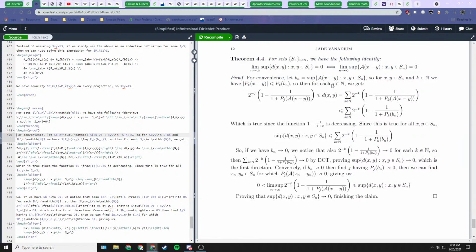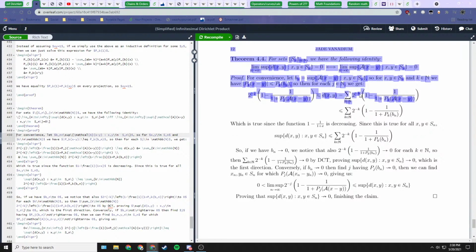So if we pick any index j, we can form this series of inequalities. Down here we have 2 to the power negative j, and then this expression where we have p sub j of x minus y. This is going to be bounded below by the distance function because this is just equal to this sum. So this term is just the j term of this whole sum, which is all positive things.